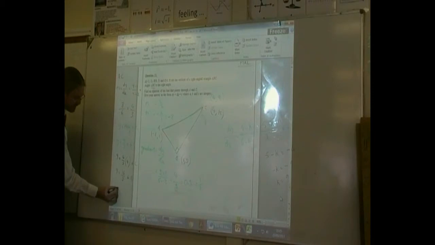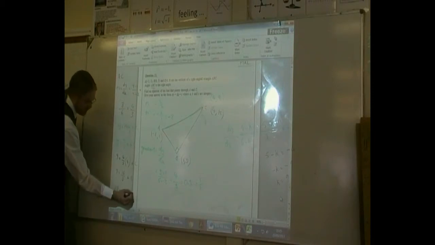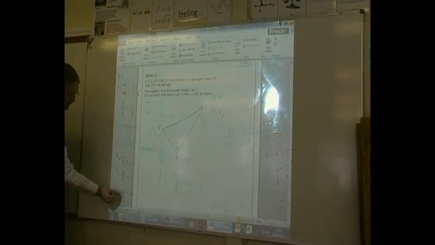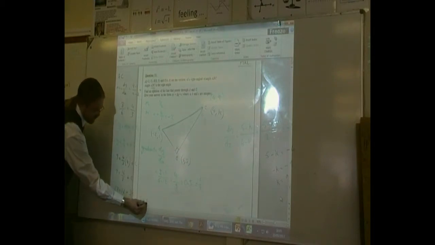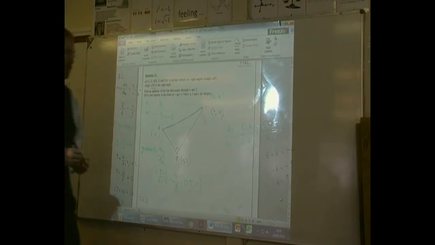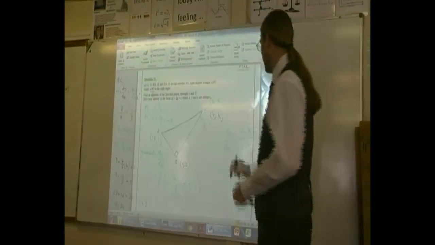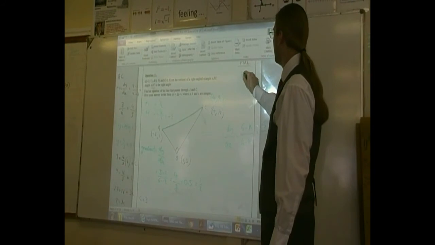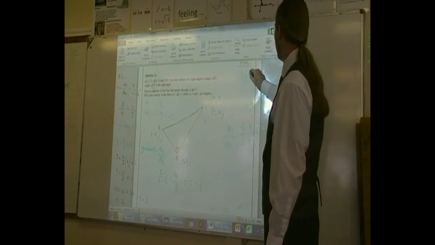So I've got 27 equals 16 plus 3c. Take away the 16 from both leaves me with 9 equals 3c. So c equals 3.